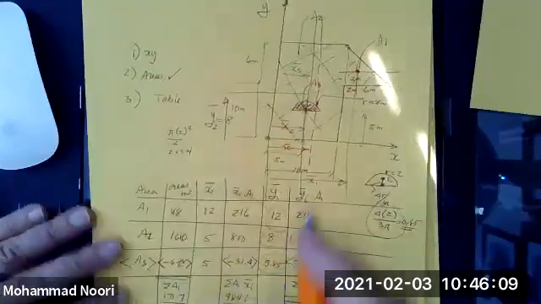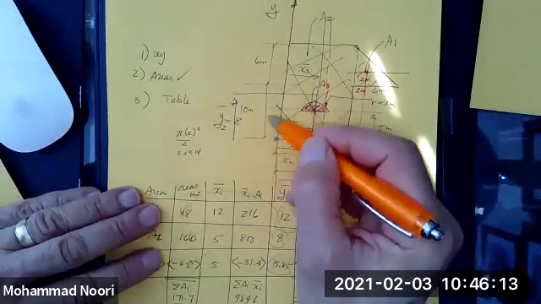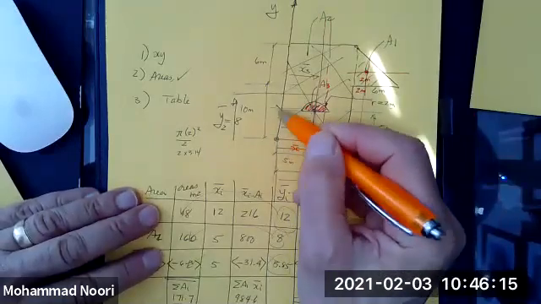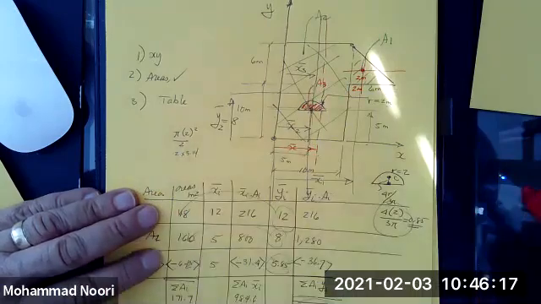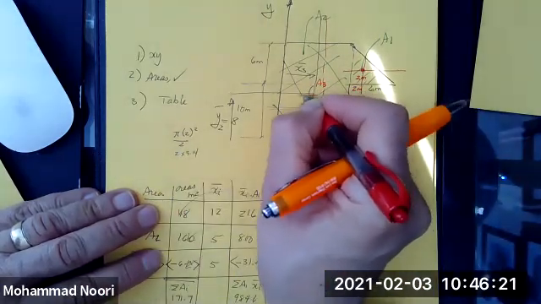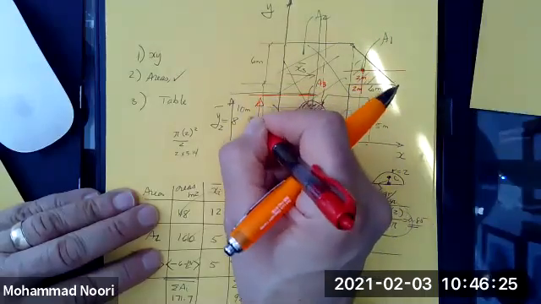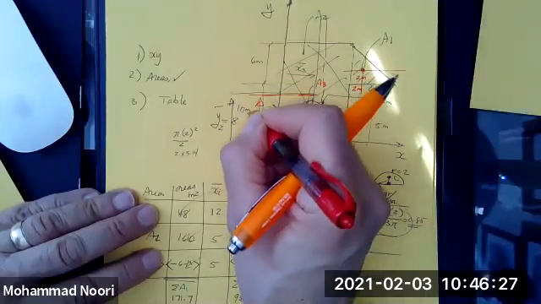That means the centroid is located at 0.5 above the center of this rectangle. So this would be something like this. This is y bar.